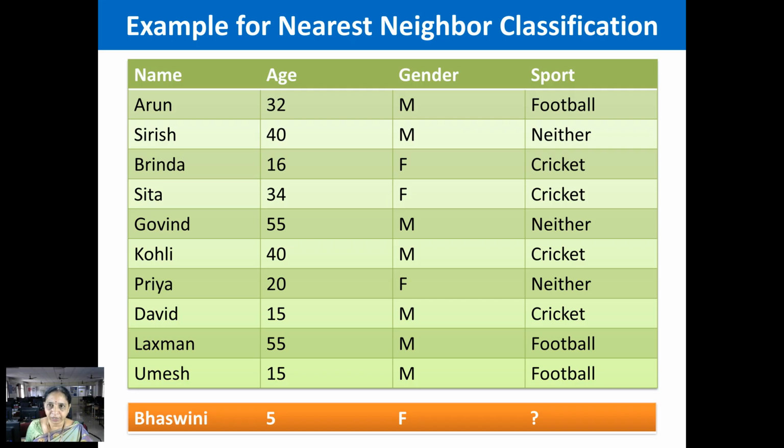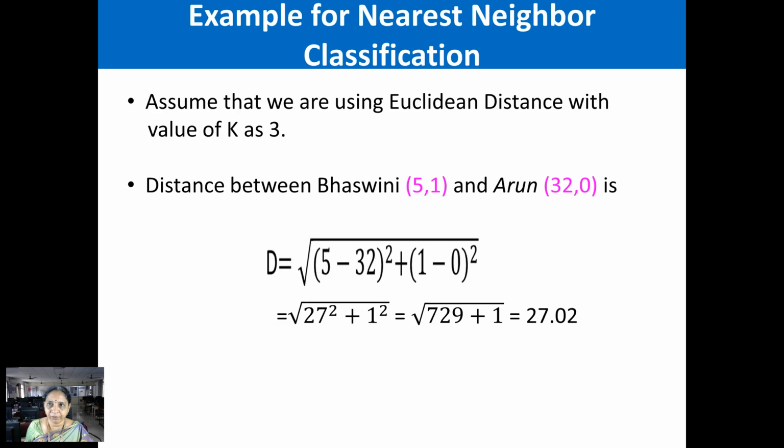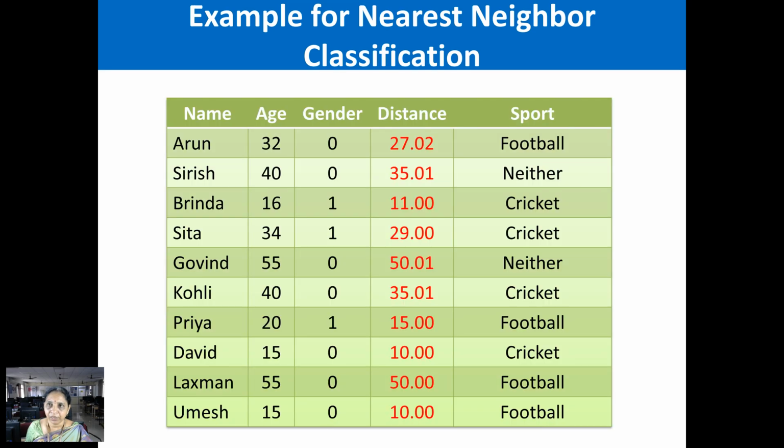Let us assume numeric values for male and female. Here we are taking female as 1 and male as 0. So Baswini with age 5 and gender female is 5, 1, and Arun with age 32 and gender male is converted to 0. The distance using the Euclidean metric is 27.02.